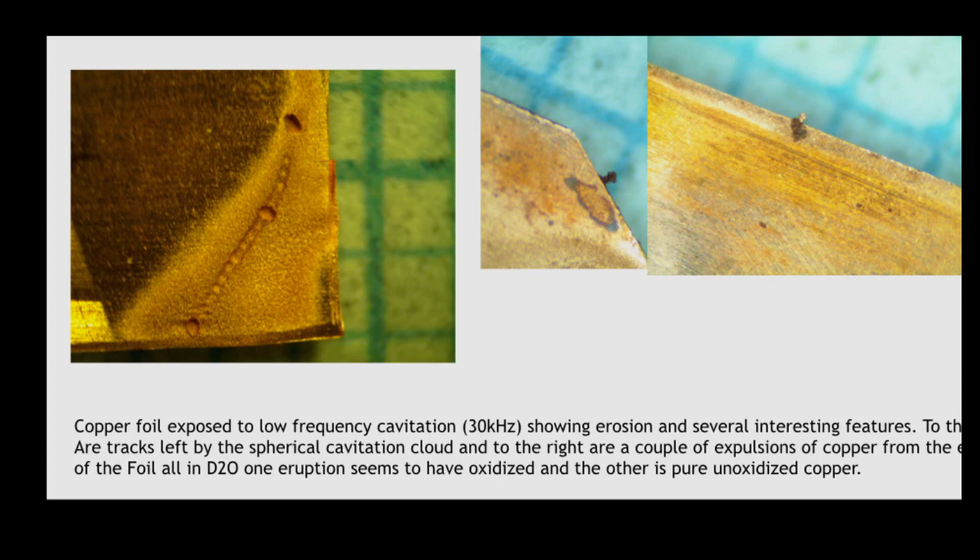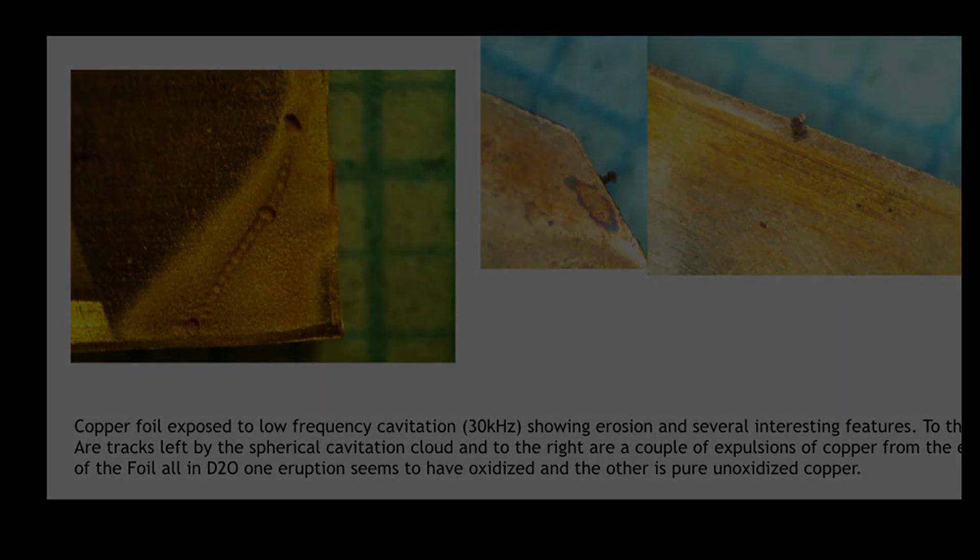Also, internal hotspots at the edges of the foil produced pure and oxidized copper nodules. The mass spectrum data measured by Malcolm Fowler will be described in the paper that follows the video presentation.